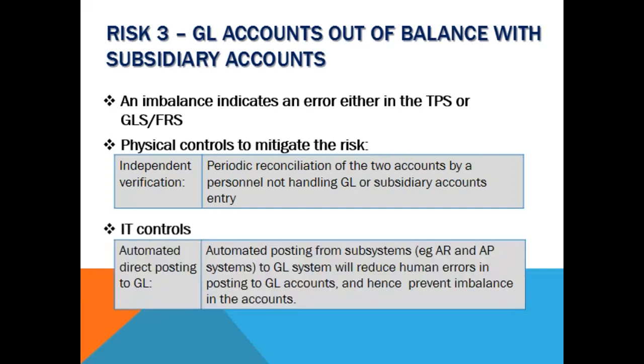IT controls would be in the form of automated direct postings to the GL. That is, automated posting from the AR or AP subsystems to the GL system. This will help reduce human errors in posting to the GL systems and hence prevent any imbalance in the accounts.